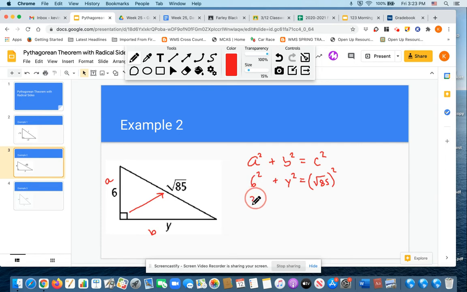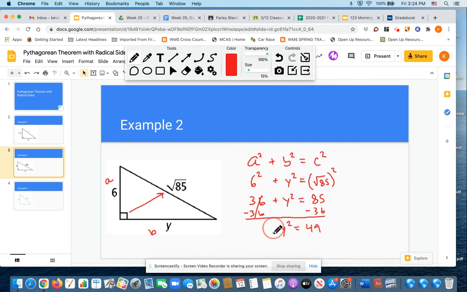6 squared is 36. That's going to turn into plus y squared. And if we square a square root, you just get the number inside, which is 85. Guys, solve this equation. That's all we need to do. If we solve it, we find out that y squared is equal to, I'm doing this right now in my head, if I take 30 away, that's 55, 49.